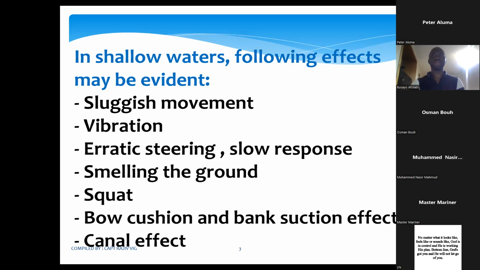But you also need to appreciate the fact that there's no way we can completely eradicate the fact that there will be some shallow waters where the UKC is really low. So these pilots, with their own local knowledge, having in mind the squat and the banking effect, will know, even though the UKC is low, what it will do.